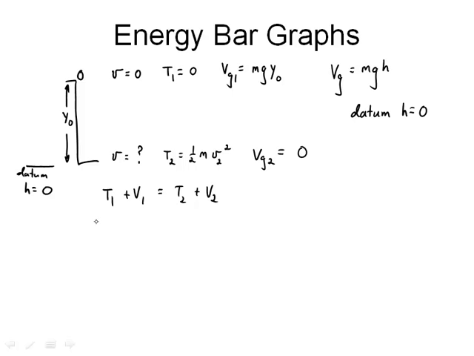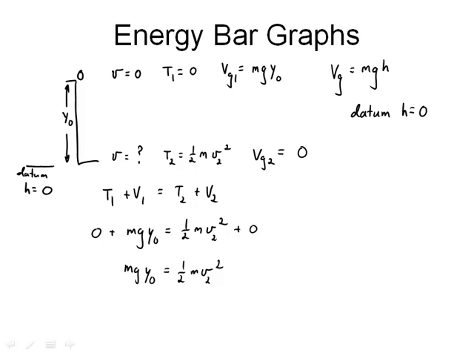The initial kinetic energy is 0 plus mg y sub 0, and that's going to equal 1/2 m v sub 2 squared plus 0. And so my equation becomes mg y sub 0 equals 1/2 m v sub 2 squared.